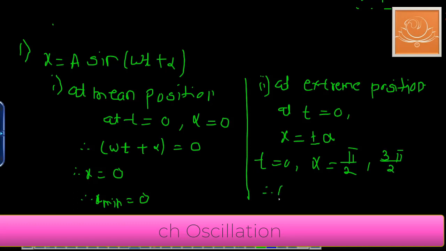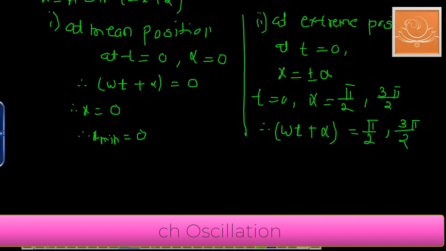Hence the bracketed term omega t plus alpha is equal to pi by 2 or 3 pi by 2.